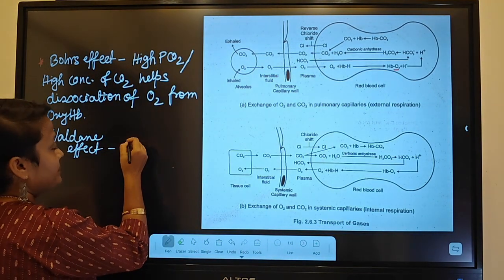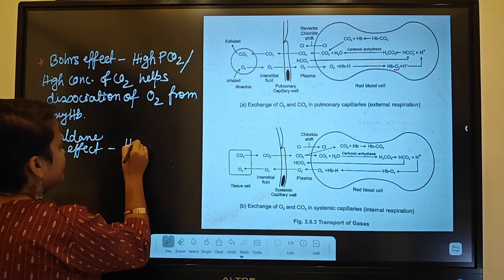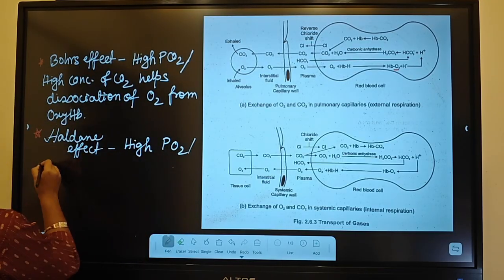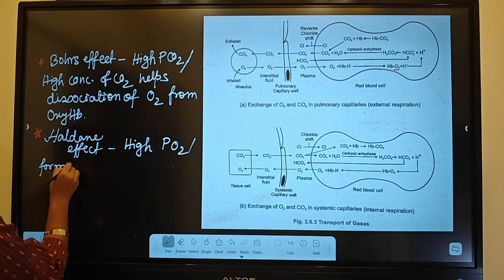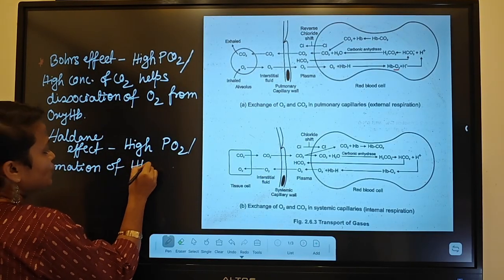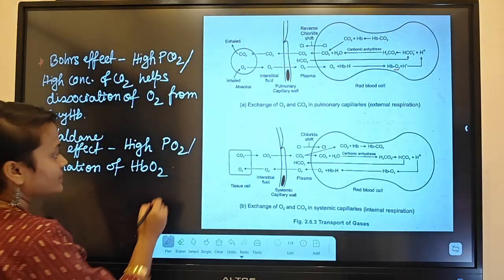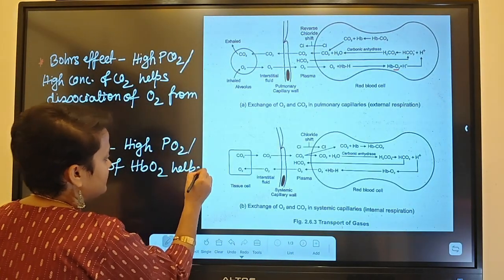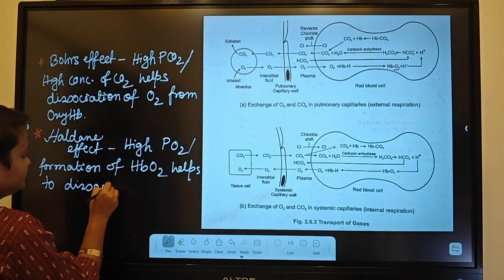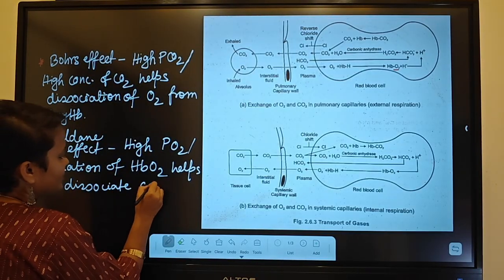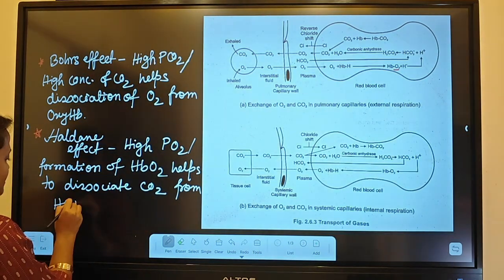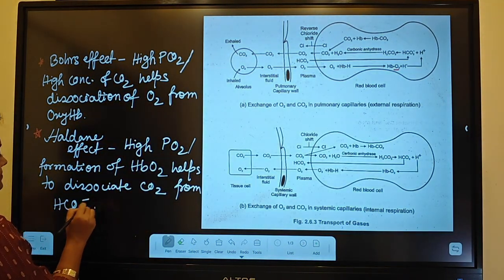That means high PO2, or formation of HbO2, oxyhemoglobin, helps to dissociate carbon dioxide from bicarbonate ion.